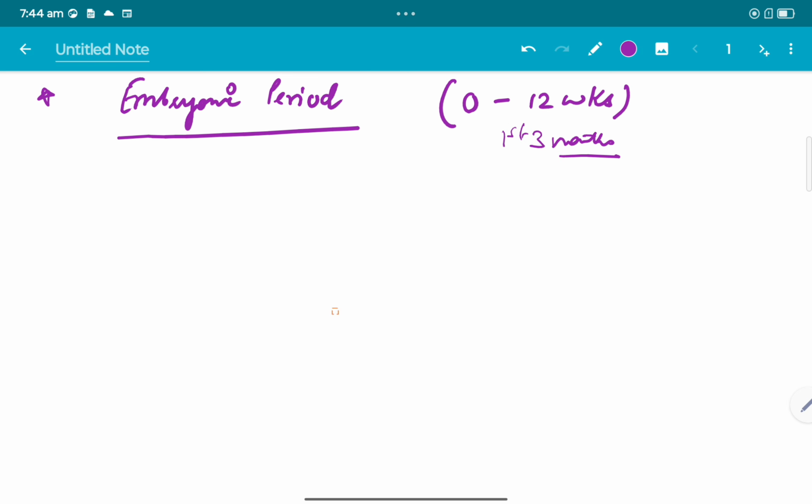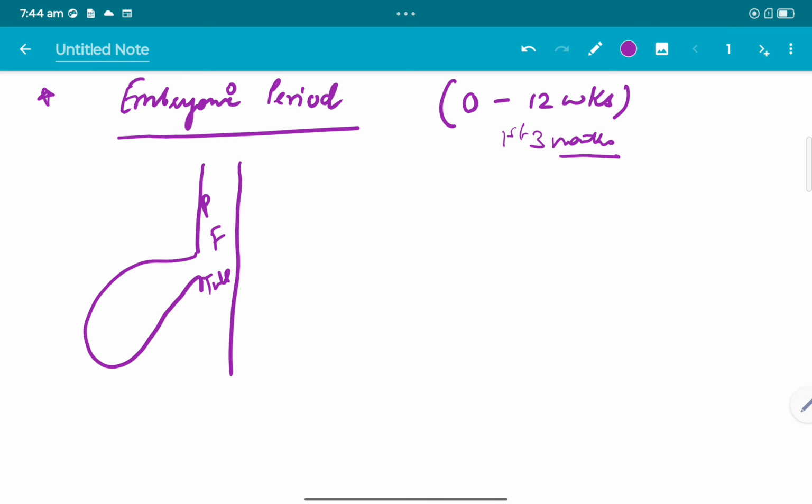Okay. So what happens in embryonic period that suppose this is primitive foregut tube. Okay. So a laryngotracheal diverticulum arises from the primitive foregut tube, and from the caudal end of the diverticulum, lung buds arise.